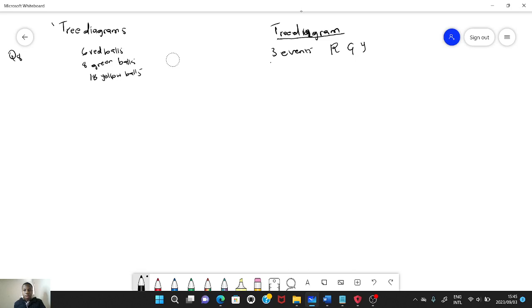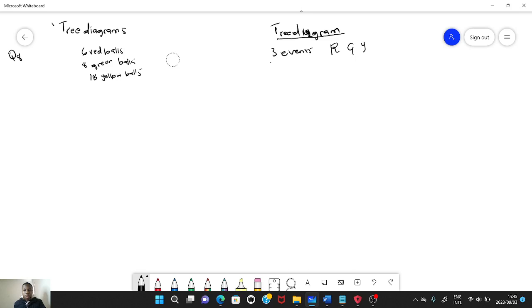So this is the branch of my first ball, the first ball that I'm taking out of the bag. Now we know the total number of balls in this case is 32.